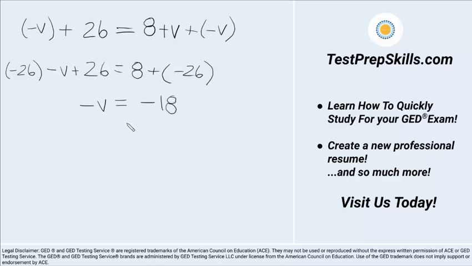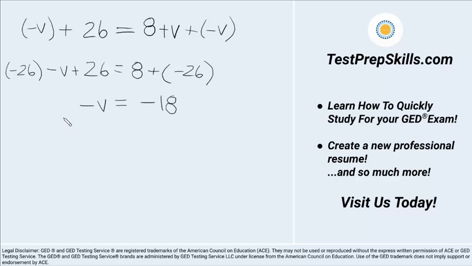Now, stop, we're not done yet. We're not looking for negative v. Remember, we're looking for v, which is positive v. So we need to do one more thing to make negative v a positive v. Remember what I said before about the opposites? Right now, we have a negative 1 being multiplied by this v.